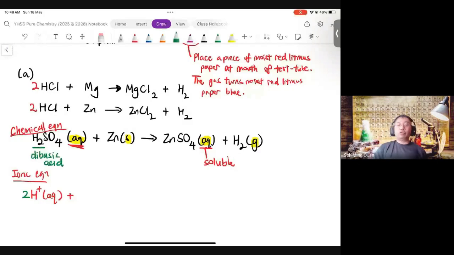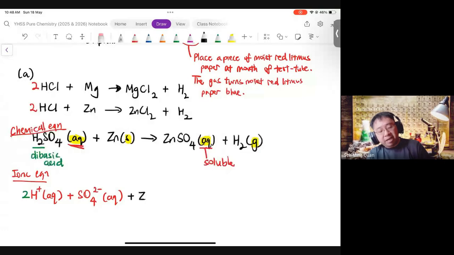Okay, so H2SO4 can be split up into 2H plus because it's dibasic. Next, sulfate, SO4 2 minus, right? So whatever remains is SO4 2 minus. It's also aqueous. We do not split up zinc because zinc is a solid. Anything that's solid remains as is. Copy and paste.